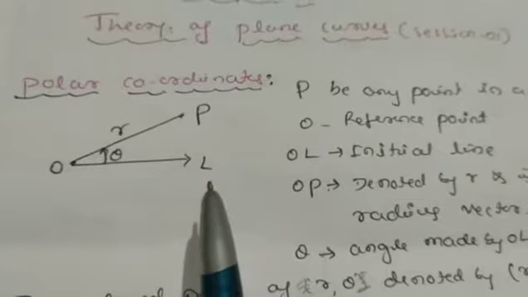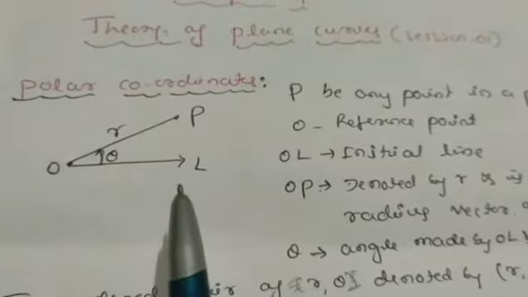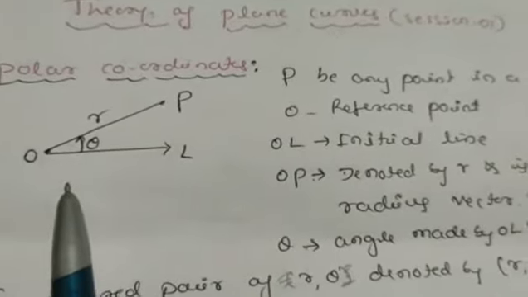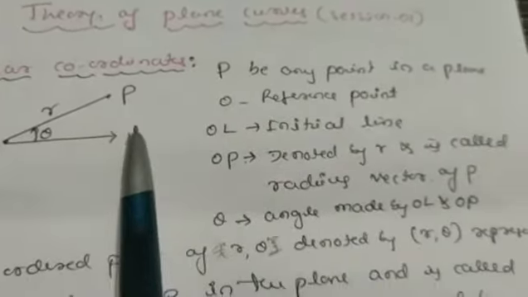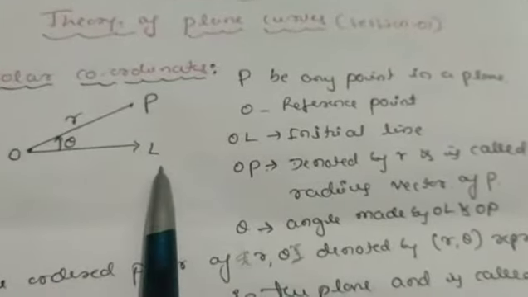As you have seen, Cartesian coordinates are in xy coordinates, that is the x-axis and y-axis, but in polar coordinates, let P be any point in the plane and O is some reference point, and this OL is the initial line.